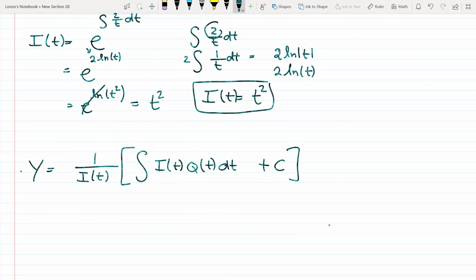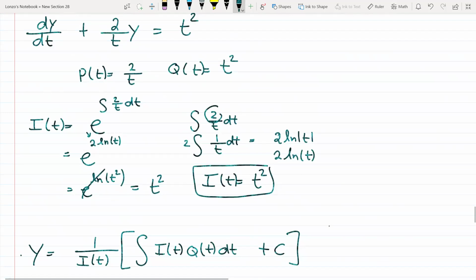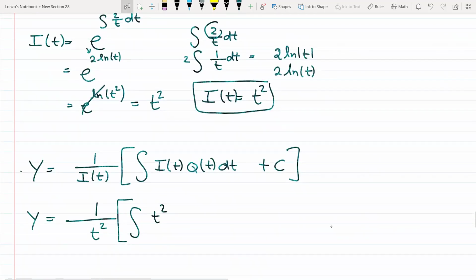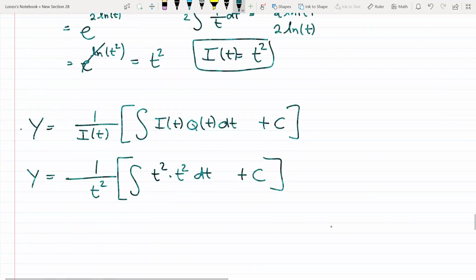So it is t squared, and then what is our Q of t? Our Q of t is t squared as well. dt plus c, bracket.